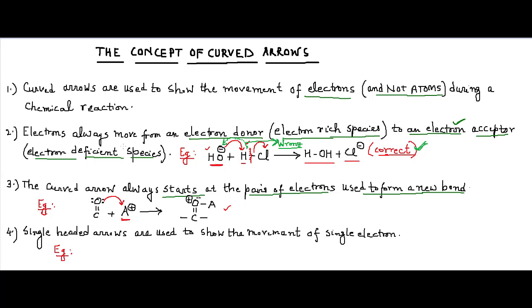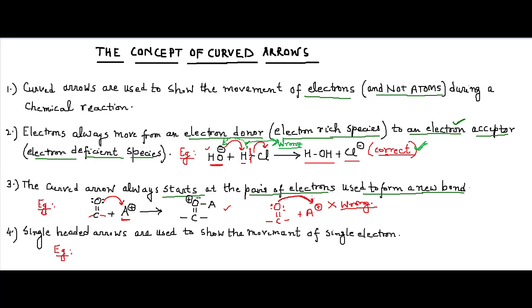We have to take care that the arrow starts from the position where we have the electrons. If I write the same structure and show the arrow starting from somewhere in the middle and then ending towards A plus, this will be considered wrong. Why wrong? Because we are making the arrow start from a position which has no electrons.